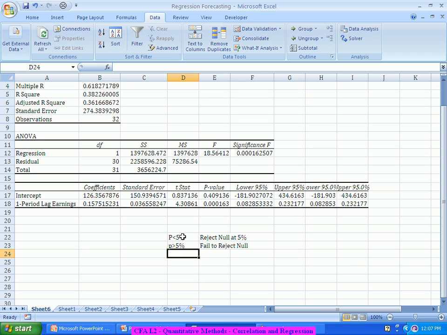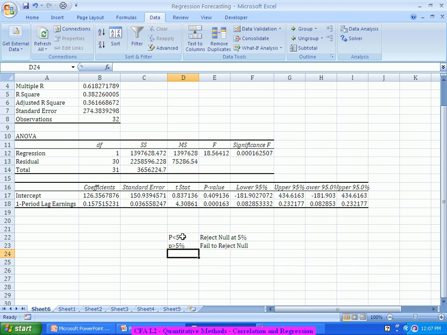So in this case, if my confidence level is 100 minus 0.01%, which is 99.99%, if my confidence level is 99.99% and above, then I will fail to reject this null hypothesis.